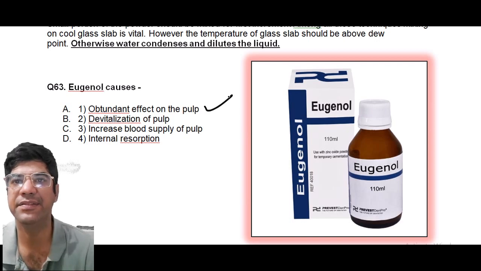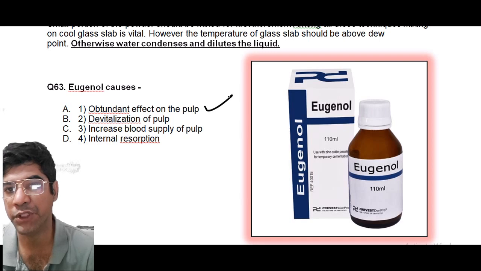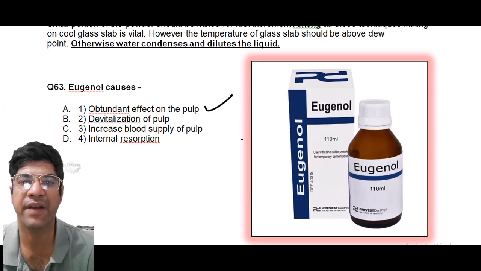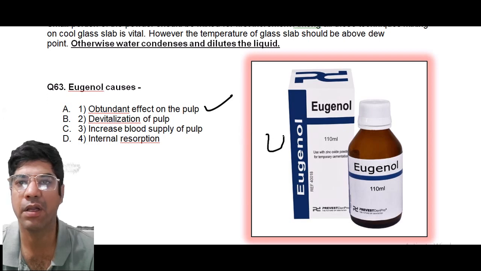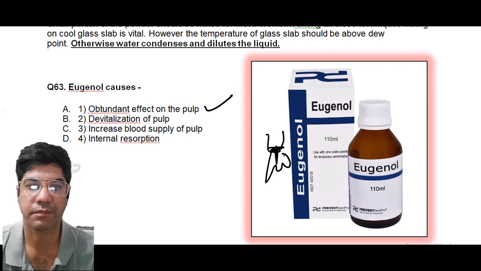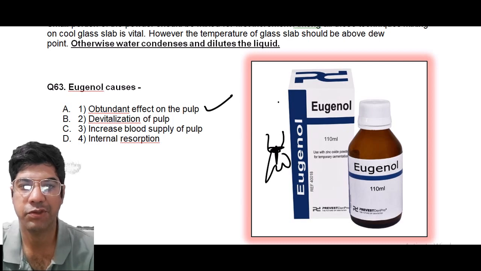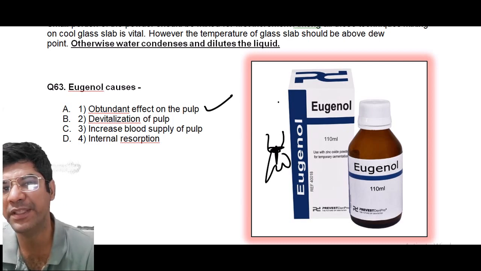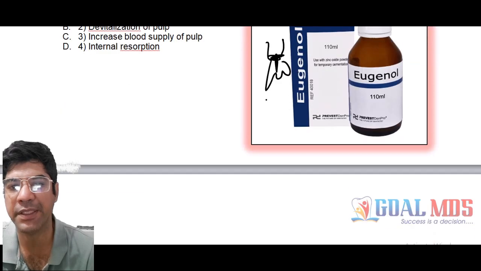So obtundant means that eugenol has a soothing or calming effect on dental pulp, when used in deep cavities or in close proximity to the pulp. So its obtundant effect is due to its mild anesthetic properties and ability to reduce the irritation and inflammation in the pulp tissue.